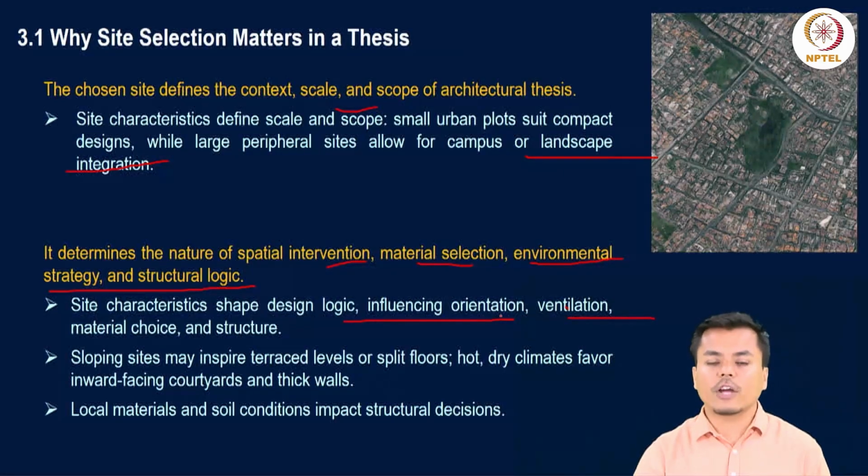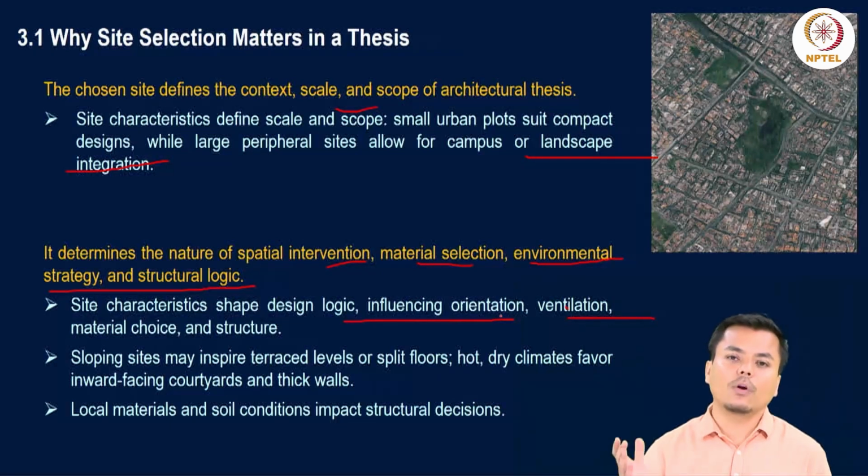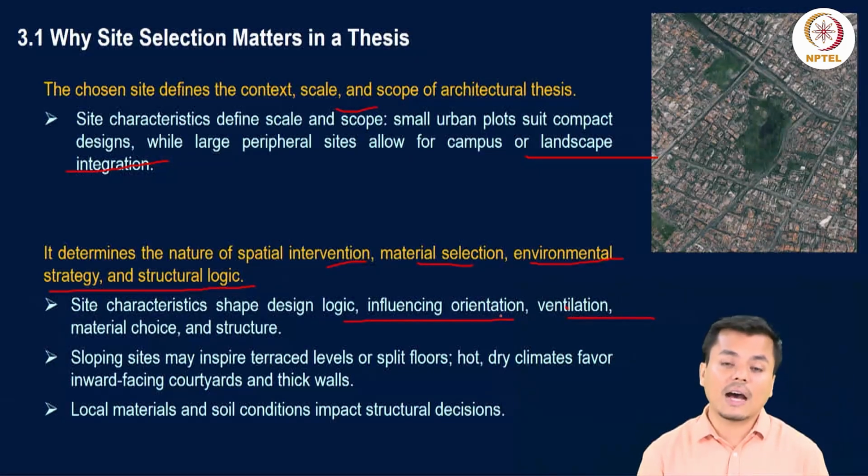In the Indian context, especially in southern or central India, we try to limit access of sunlight from the western and southern directions, because the sunlight is very harsh from these directions. So we try to allow sunlight from either the east or north direction in central or southern India.